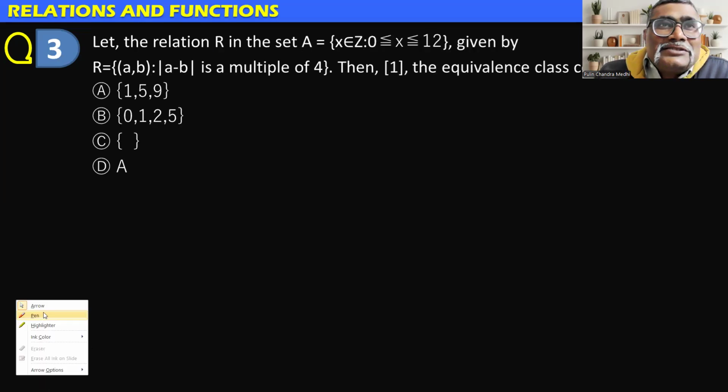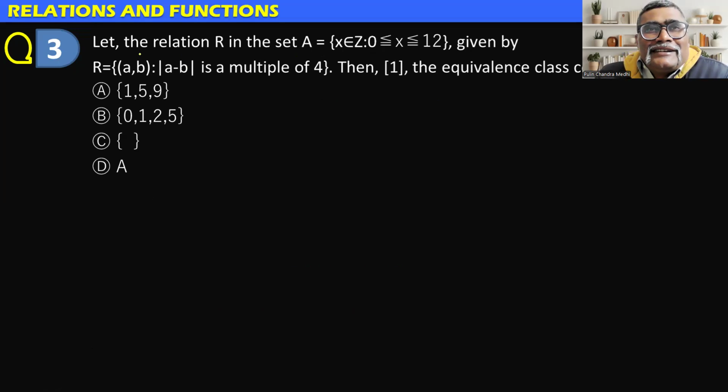Next is this question. Let the relation R be in the set A. What is the set A? A is the set containing x belongs to Z, that means all x which are integers. But what kind of x? It is lying between 0 and 12, including both.